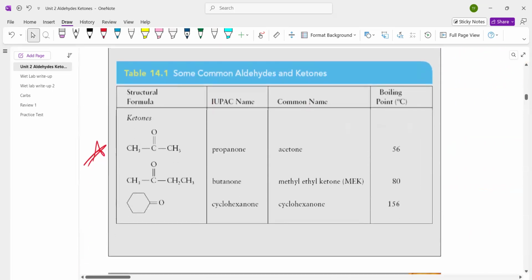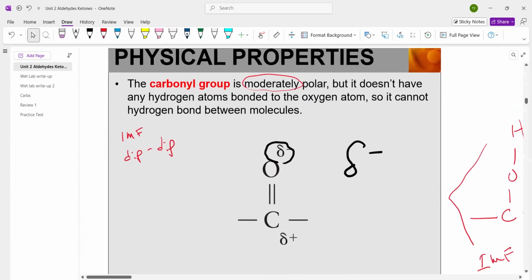Okay, and like aldehydes, as we increase in mass, the boiling point goes up. Bigger the molecule, higher the boiling point. Okay, so the only intermolecular forces in a ketone are going to be dipole to dipole and London dispersion forces. No hydrogen bonding.